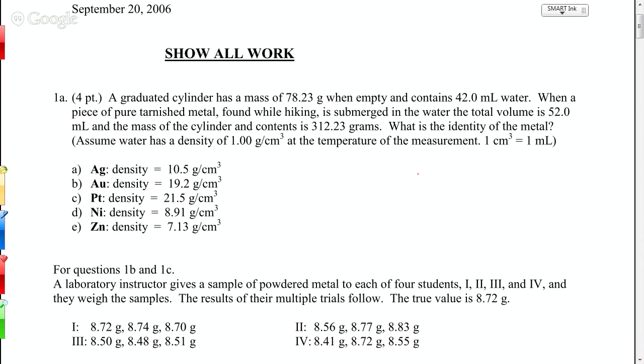Yeah, the volume of the metal is the difference between where the water started and where it ended up. The volume of the metal is 10 mL. And then how do you find the mass of the metal?